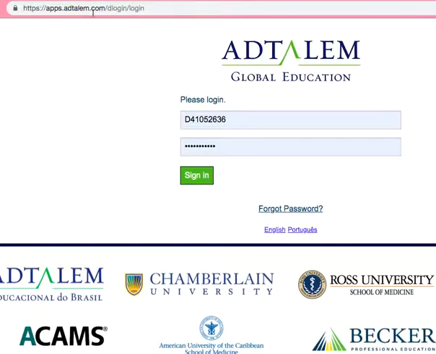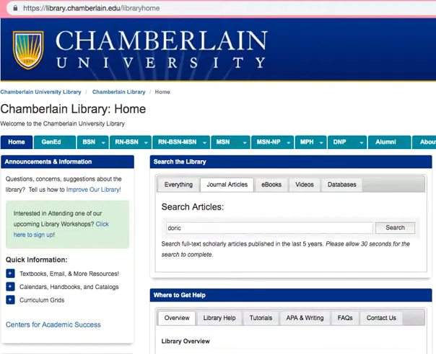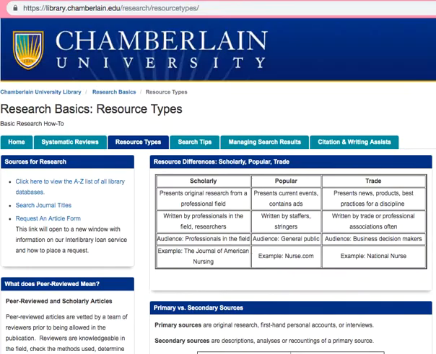So to clarify and restate, scholarly is a very narrow definition. And that definition has to do with scholars presenting original research within a professional field, written by professionals, for other researchers, and usually these are almost always going to be journal publications, academic journals.